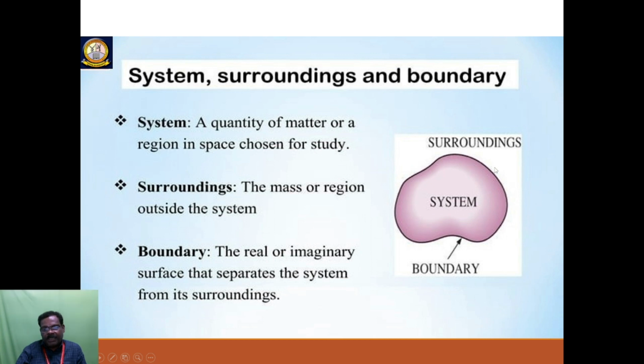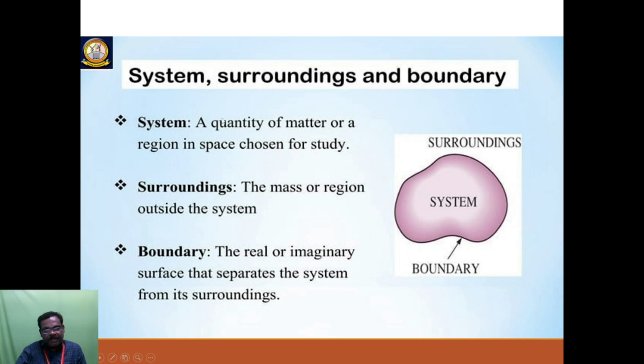This is the quantity of matter where your attention is focused to find the thermodynamic property, called the system. Suppose you are in a classroom. Your attention is focused on the faculty. Where your attention is focused to find out the thermodynamic property is called the system.